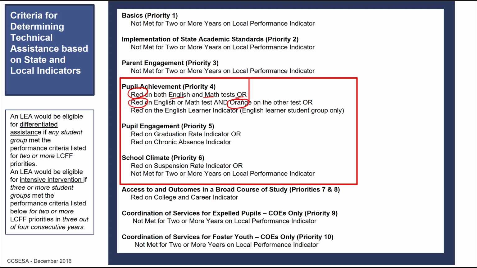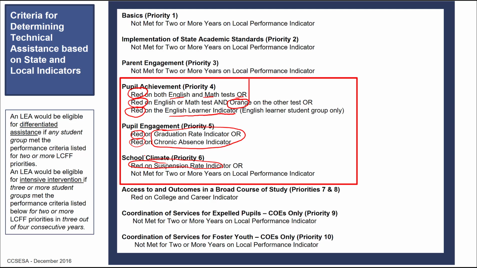And then for the other part of the academic indicator, you have red on the ELI indicator, English language learner. So that'd be priority 4. Priority 5 is really all about graduation rate or chronic absenteeism. It's one of those. You have to be red on one of those. And then priority 6, the school climate, and it's red on the suspension rate indicator.